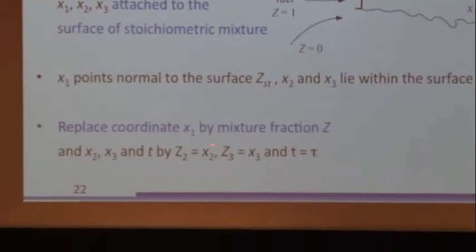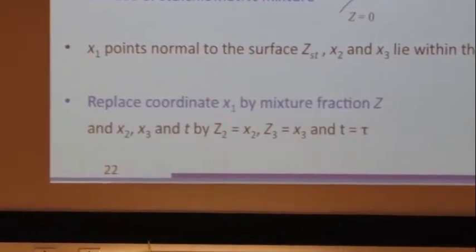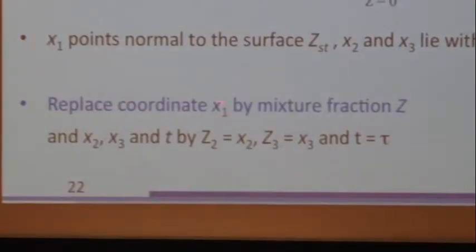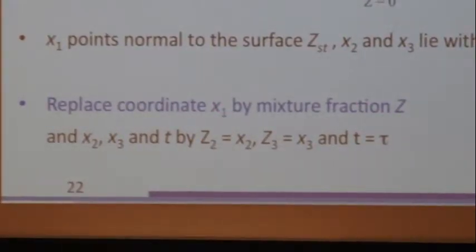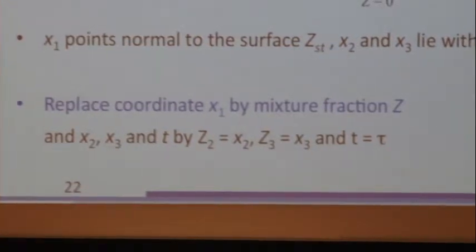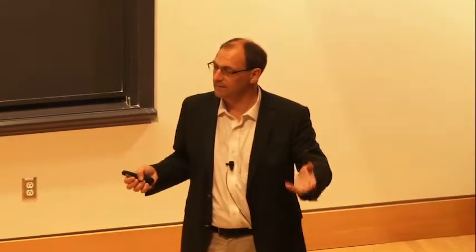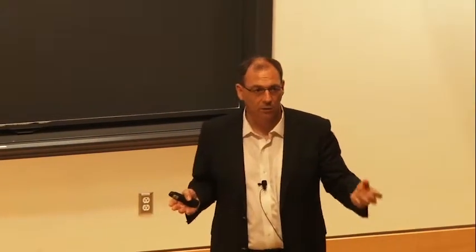So now this is what we're going to do. We want to do a coordinate transformation such that we replace x1 by mixture fraction. That is interesting because, in a sense, x is the independent variable, and z is actually one of the dependent variables. But we replace now one of the independent variables by a dependent variable.